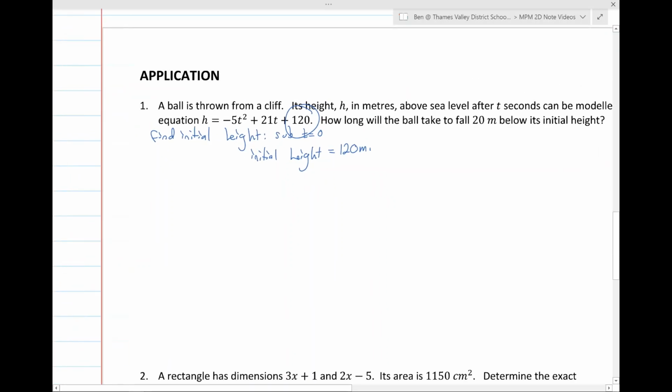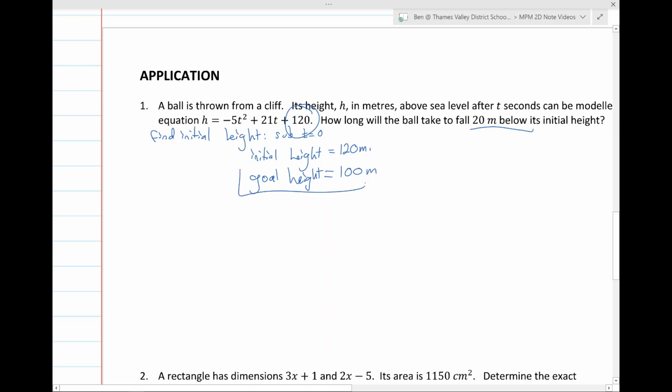Now they're asking us how long will it take the ball to fall 20 meters below its initial height. So that means they're asking us how long will it take for the ball to reach a height of, we'll make that our goal height, 100 meters, right? That's 120 meters minus 20 meters.